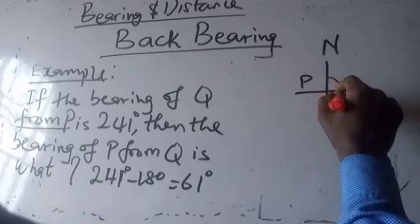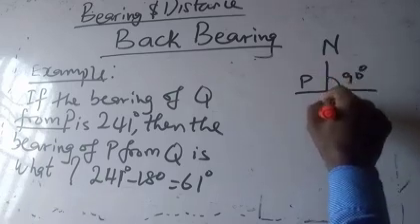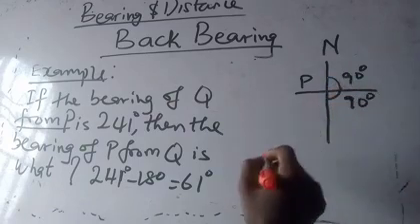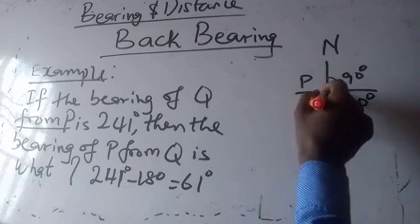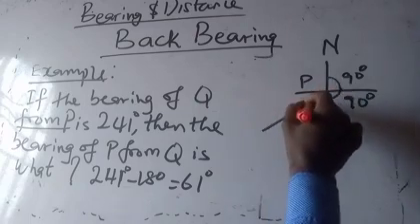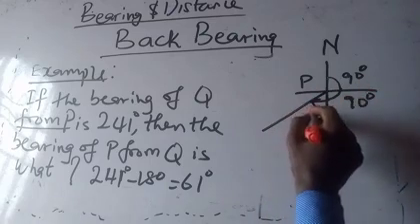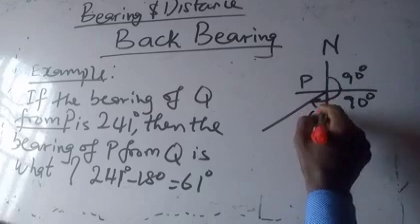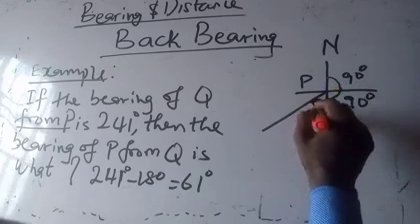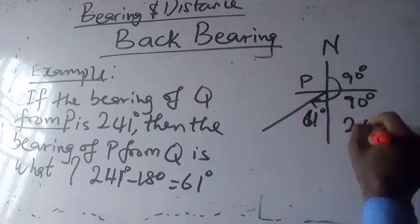From here, this is 90 degrees to this place, 90 degrees, that's 180. To a place like this, this place is 61 degrees. So we are having 241 degrees.